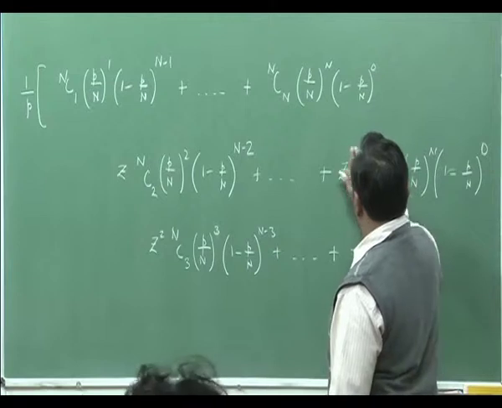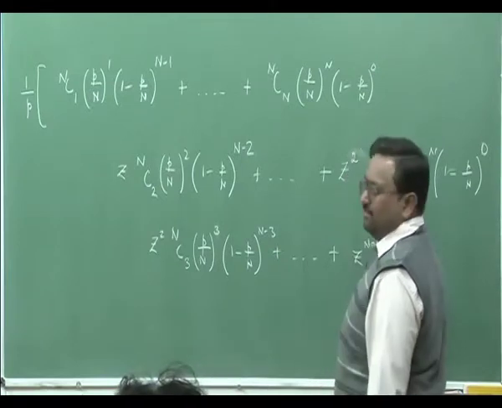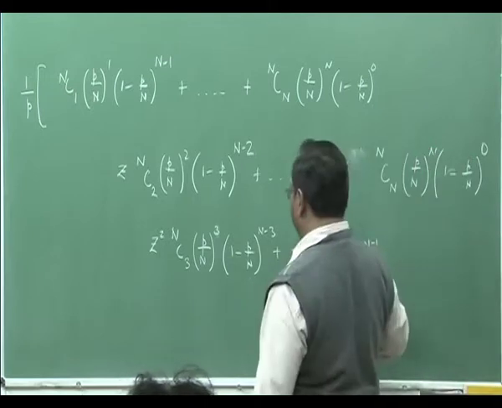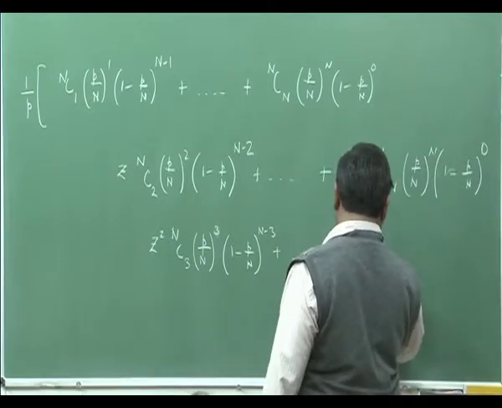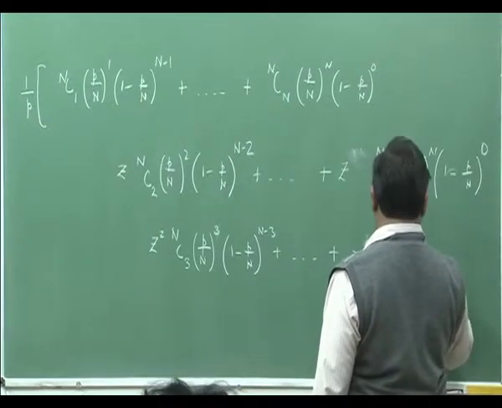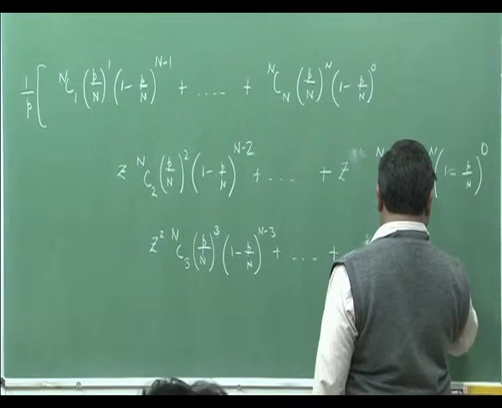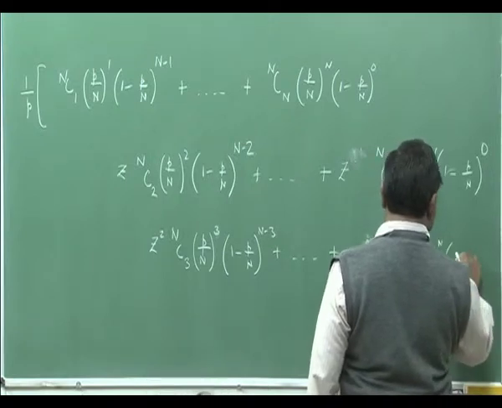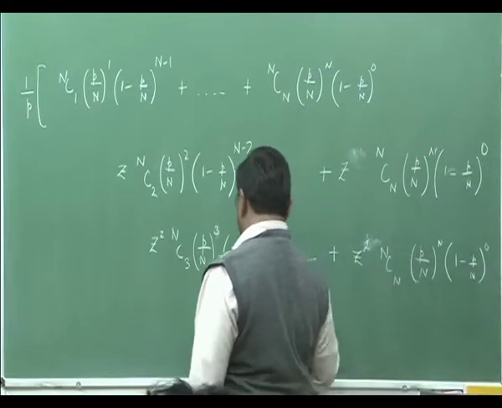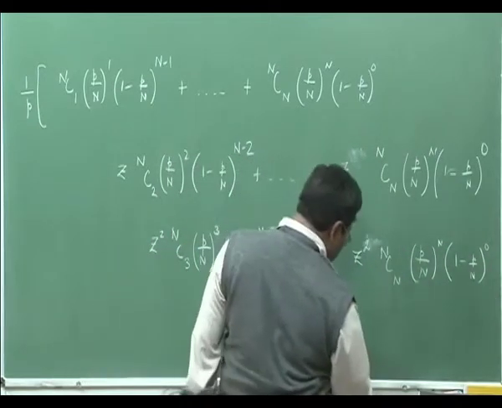Okay, I made it. It has to be z square. Z? It has to be z because z has been multiplied. I am sorry for that. And so on till the last term which is going to be there.